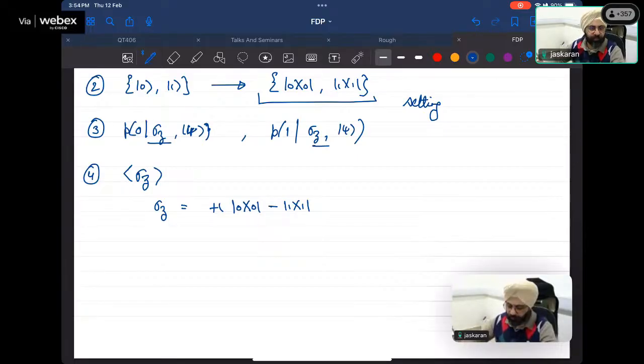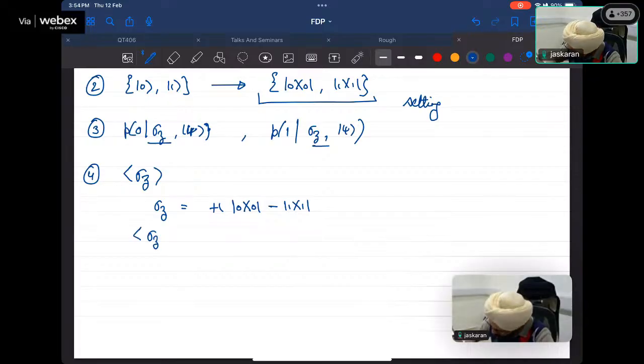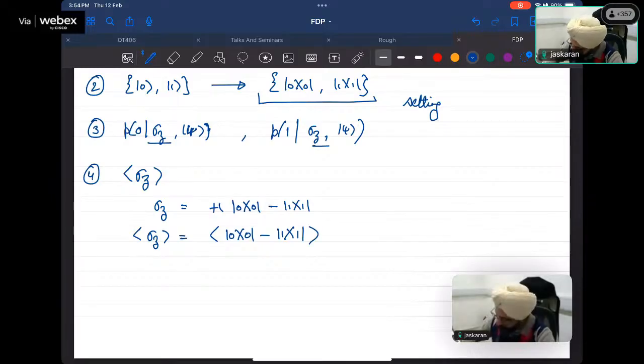So this is the result in mathematics, something which we are not going to prove. Now I want to evaluate the expectation value of sigma z. This is nothing but the expectation value of |0><0| minus |1><1|. Since expectation values are additive, I will just open them.